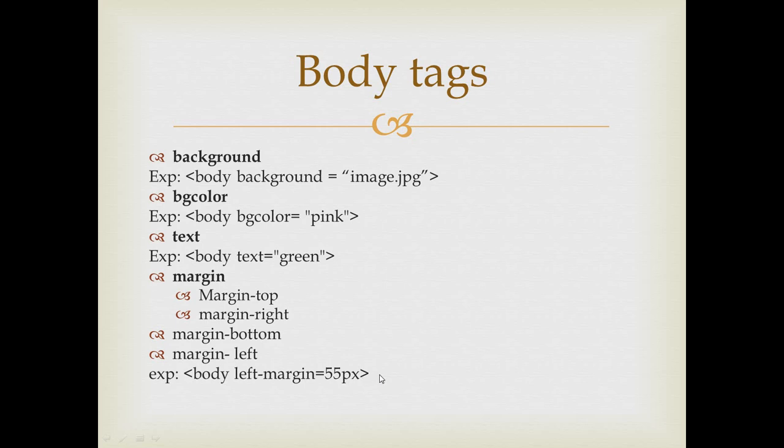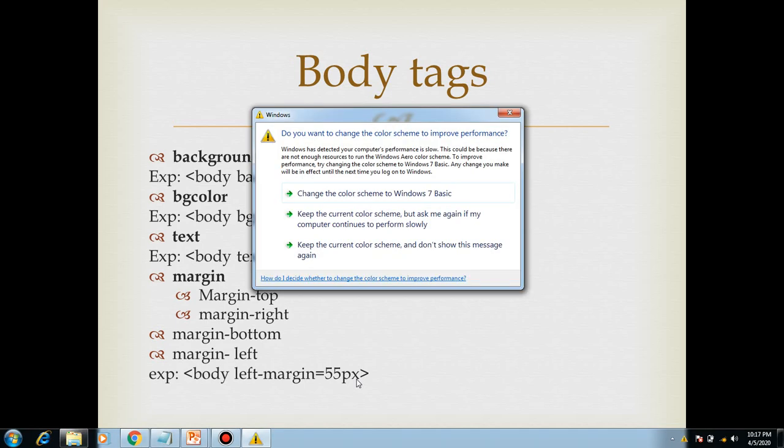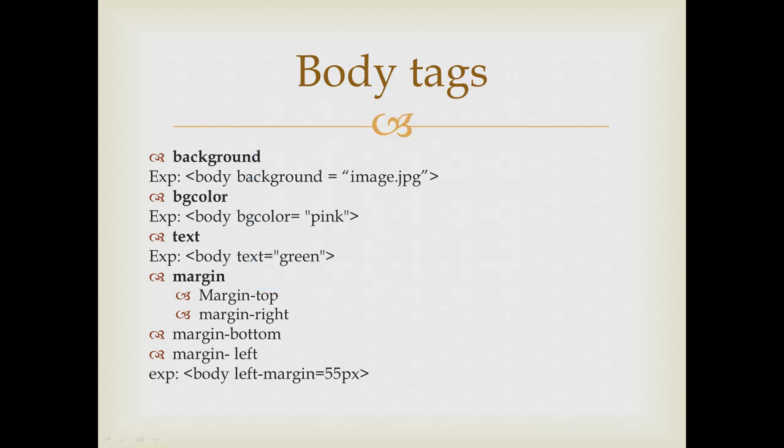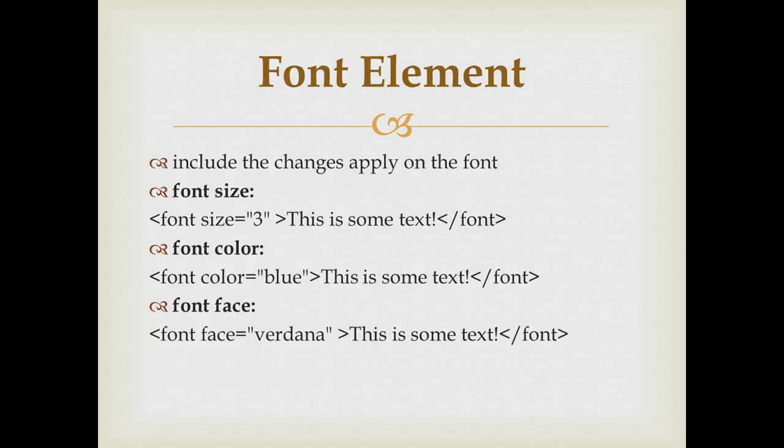Now px stands for pixels. You may be familiar with this. Pixels are the tiny dots that make up a picture. So every screen component is designed by a combination of pixels. Px stands for pixel. It means you are telling how many pixels you want for this specific margin, that is, how much space you want to fix for this specific margin.